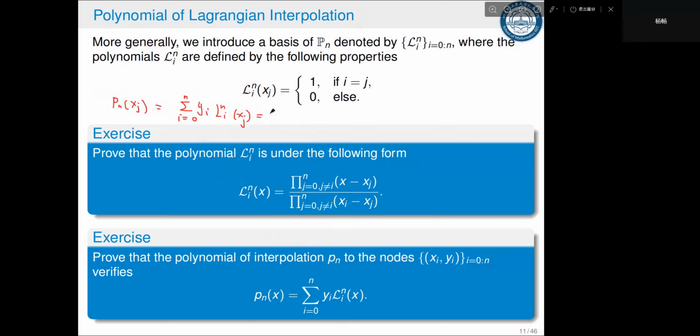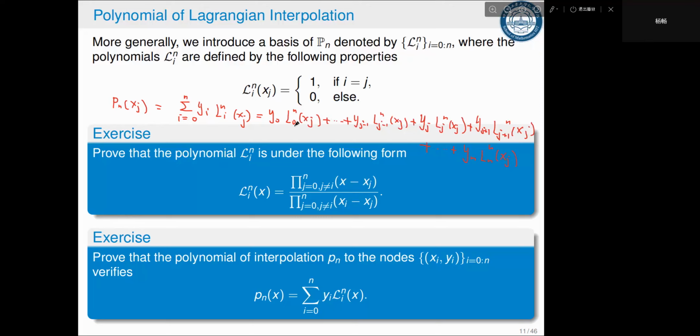More precisely, I can write something like y0 times L_0^n(xj), until y_{j-1} L_{j-1}^n(xj), plus yj L_j^n(xj), plus y_{j+1} L_{j+1}^n(xj), and until yn L_n^n(xj).